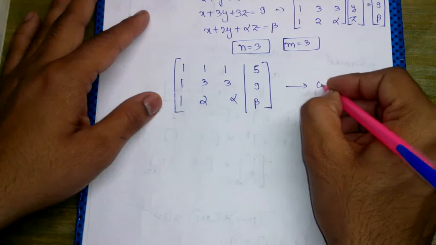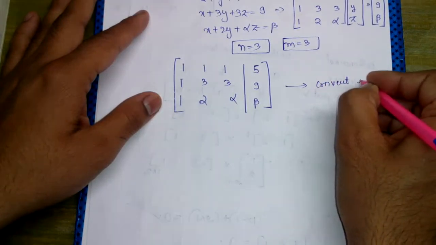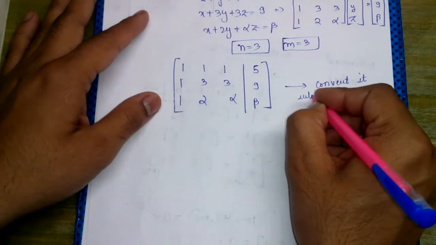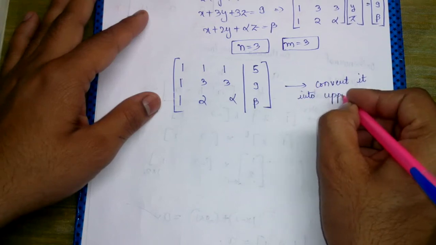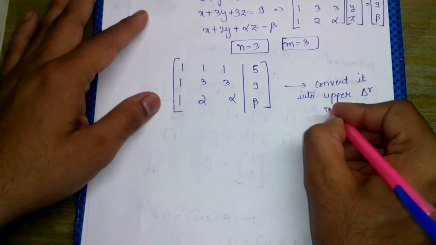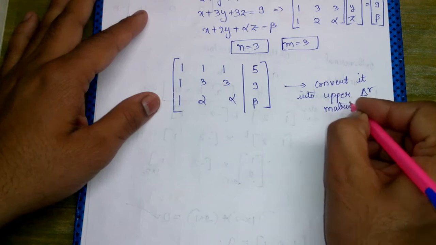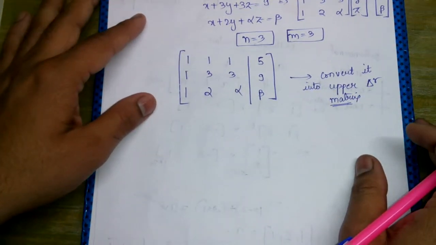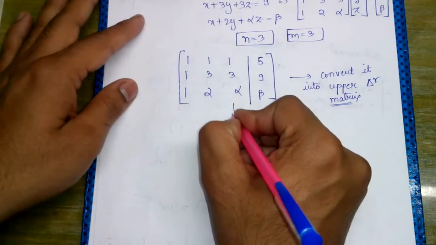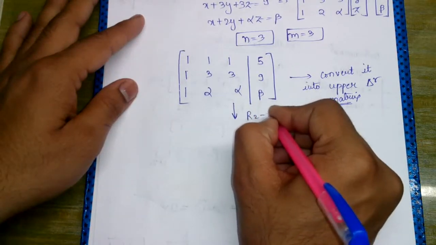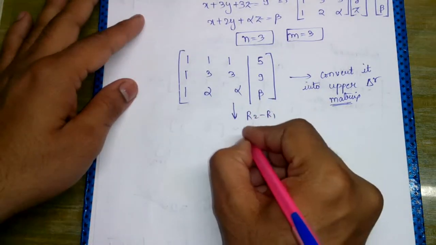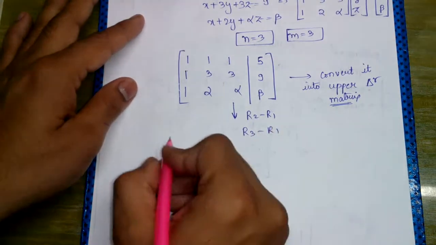Now we will convert it into an upper triangular matrix. What we will do is simply R2 minus R1 and R3 minus R1.